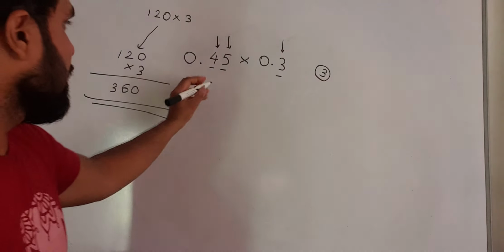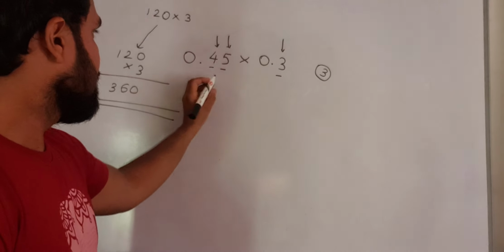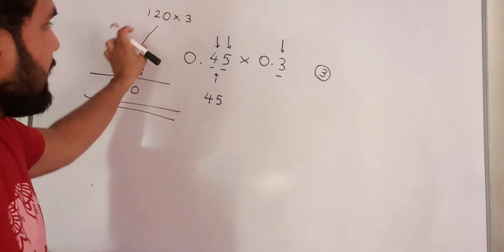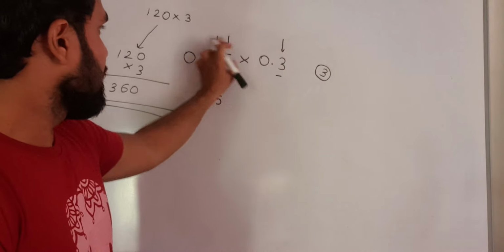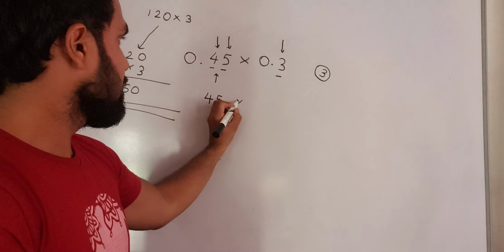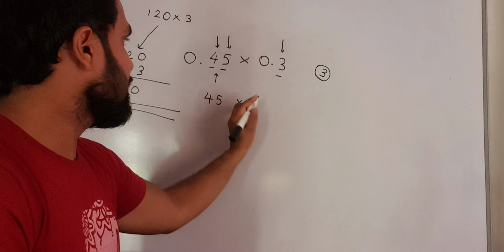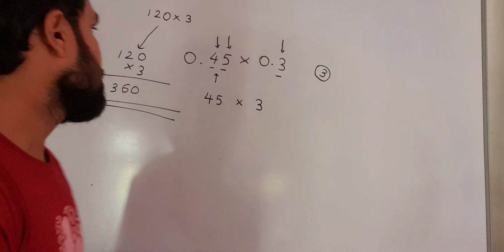After that, we can consider this part as 45. What we did: we neglect that decimal and get the whole number. Here also, neglect the decimal and get the whole number.